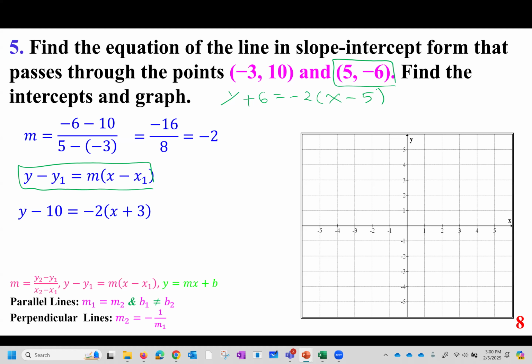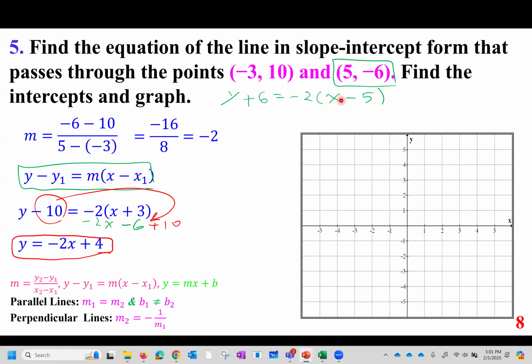And if you simplify, both of them give you the same answer. So we are going to simplify this one. We are going to add 10 to both sides. And now this is the equation of a line in slope-intercept form.